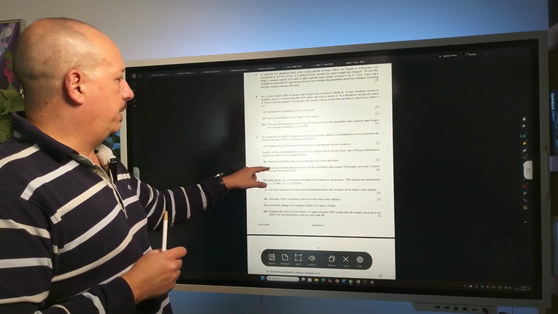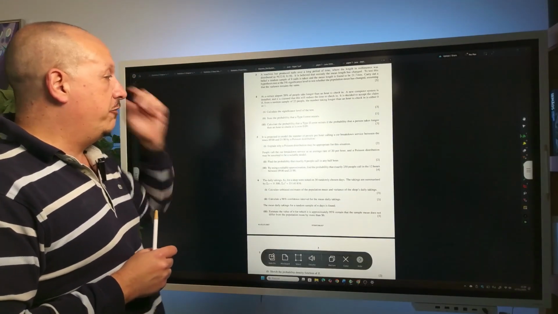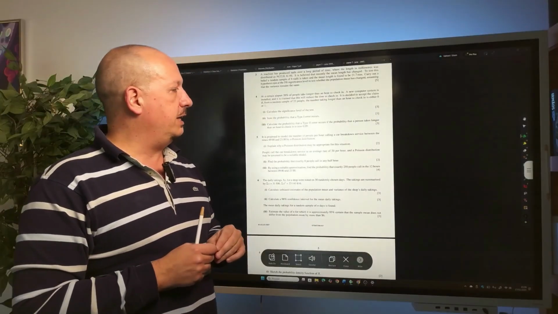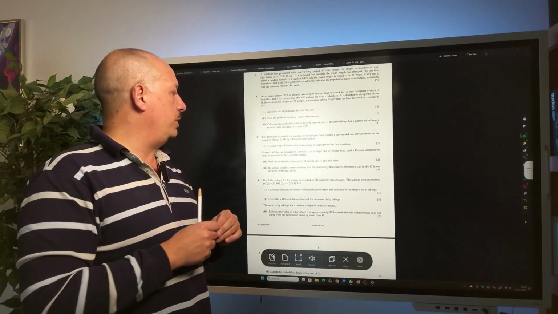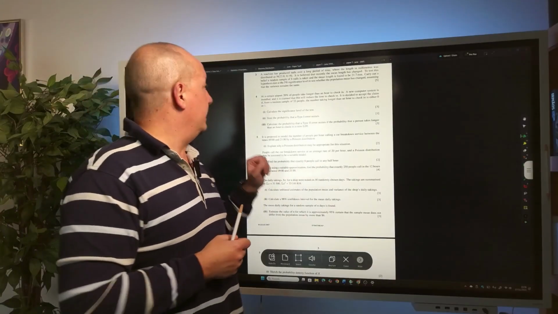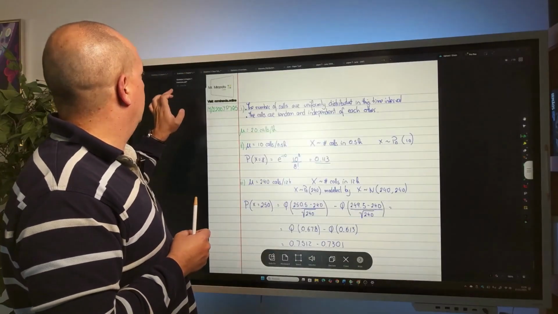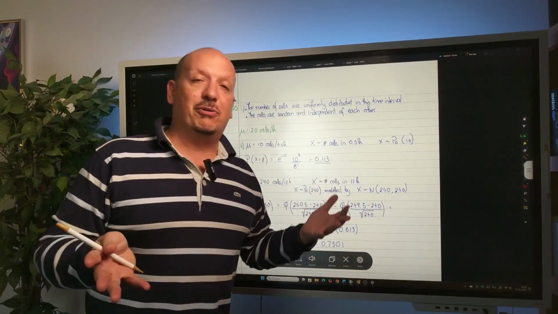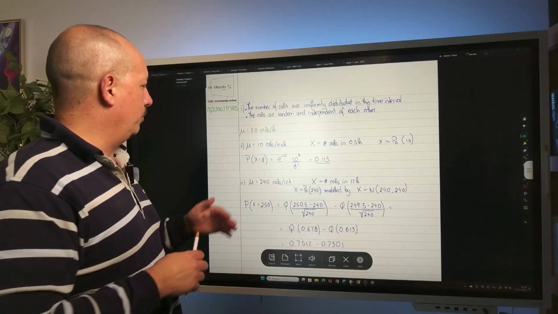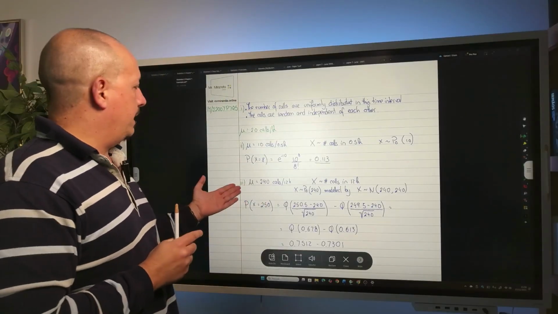We are here. By using a suitable approximation, find the probability that exactly 250 people call in the 12 hours between 9 a.m. and 9 p.m. Okay? So now you have to use the approximation. I already told you that this is the normal approximation to the Poisson, and let's see why.